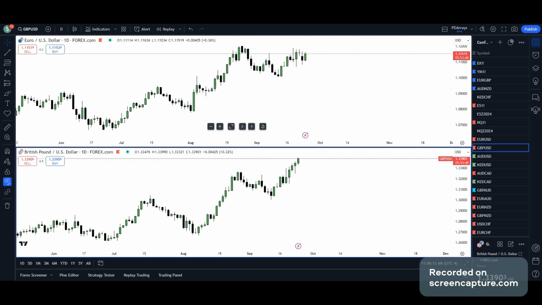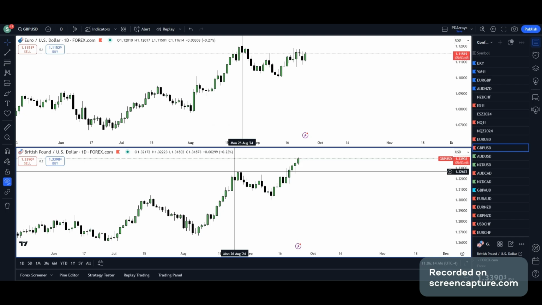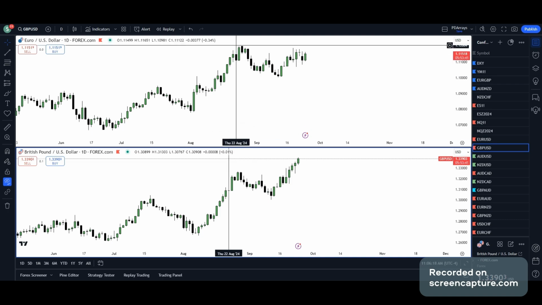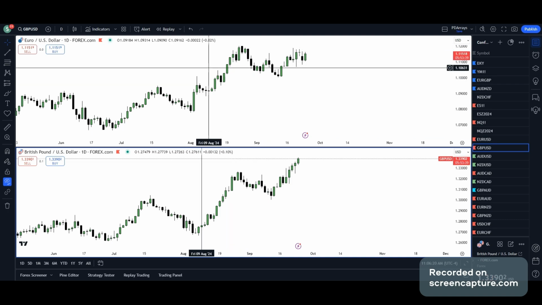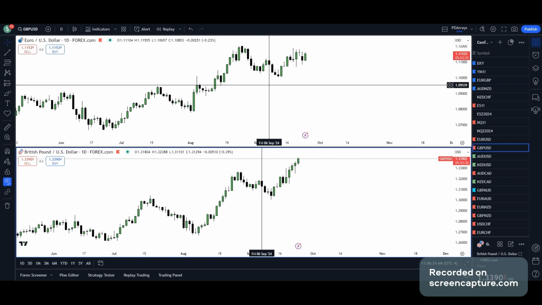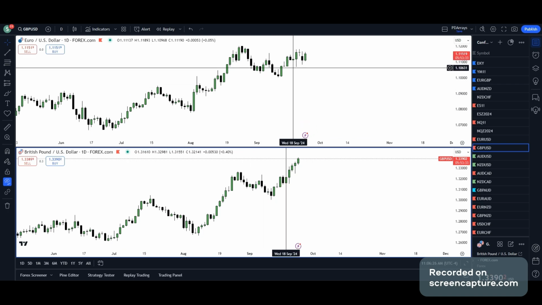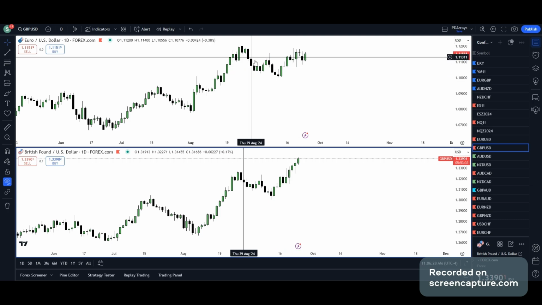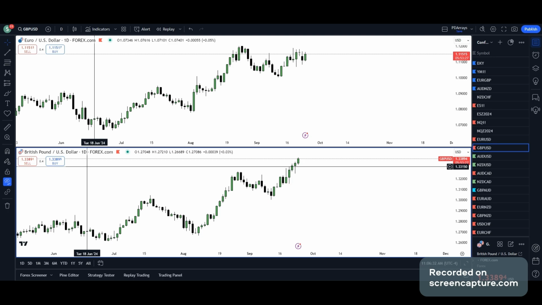We can see where pound dollar has already taken out that high. And then I also see that we had high impact news on Eurodollar this morning, and that news event was confirming bullishness for Eurodollar. I knew that Eurodollar was essentially going to play catch up with pound dollar.